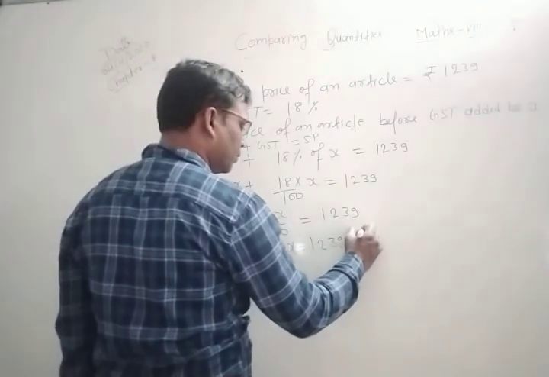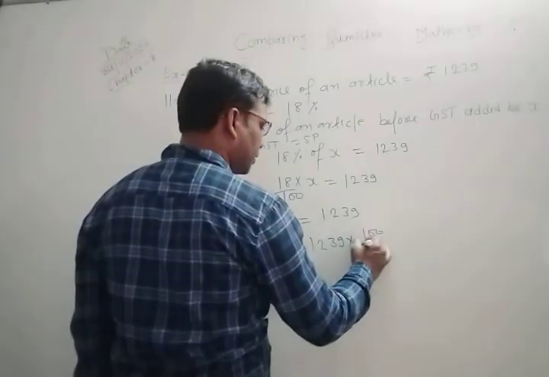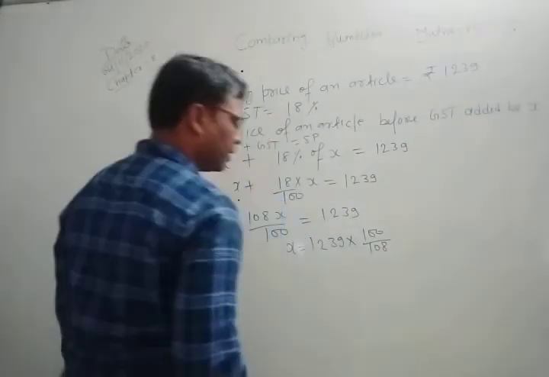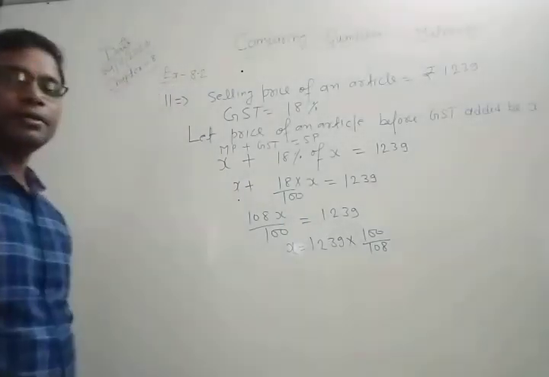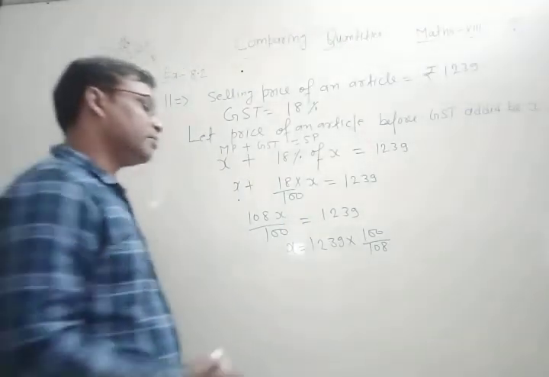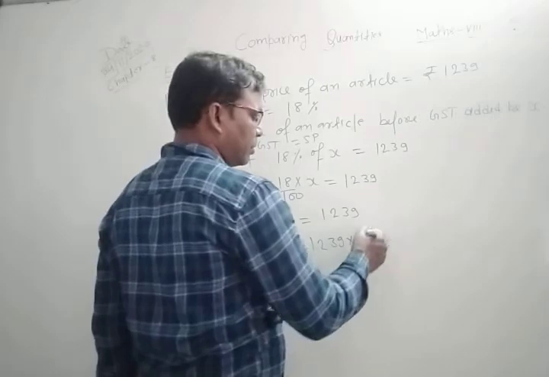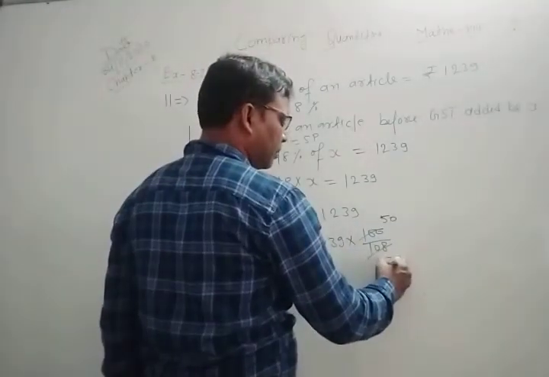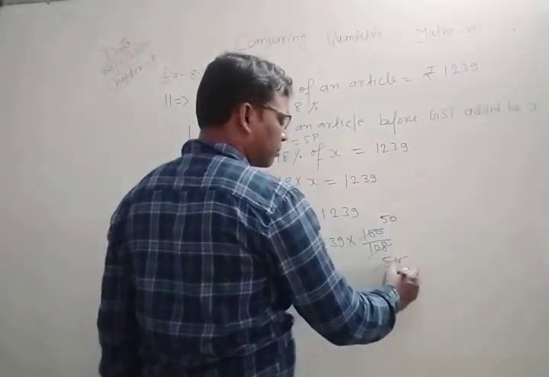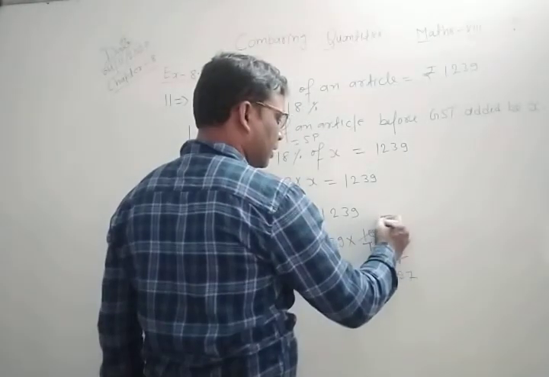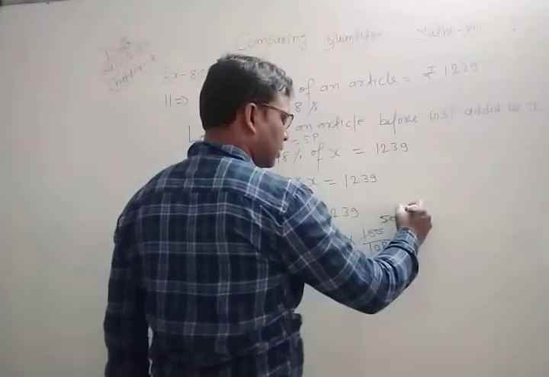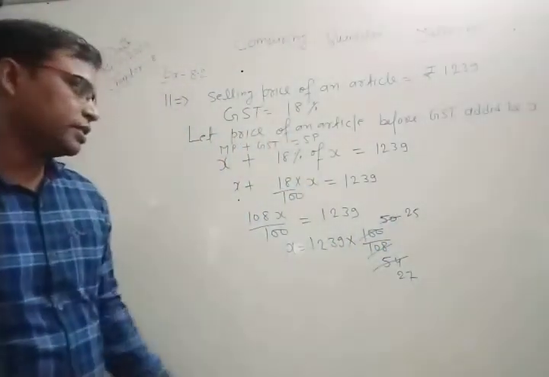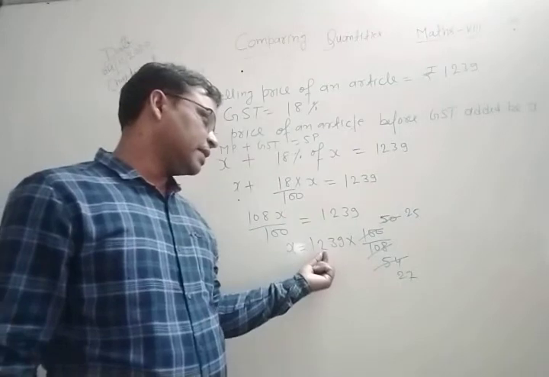Or you can say x is equal to 1239 into 100 by 108. Clear? If you cancel it by 2, then you obtain here 50 and here 54. Here you obtain 27 and here 25. Clear? So this is cancelled by 3.